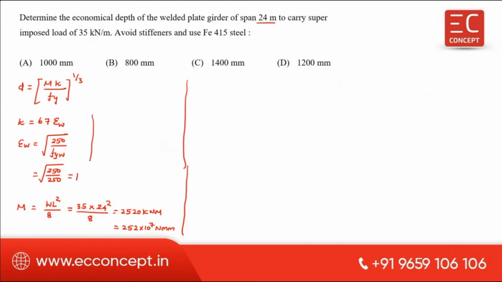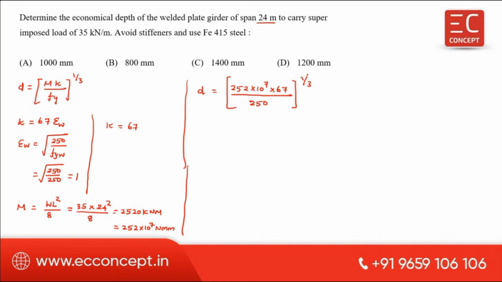And K is equal to what? Now K is equal to 67. So you have to substitute M is equal to 252 into 10 raised to 7, K is equal to 67 divided by Fy is 250, the whole power 1 by 3. So this is the answer.